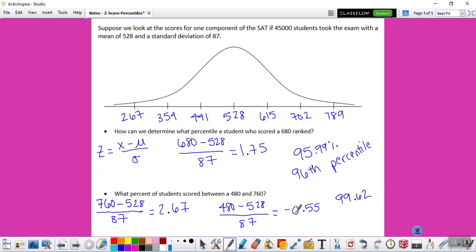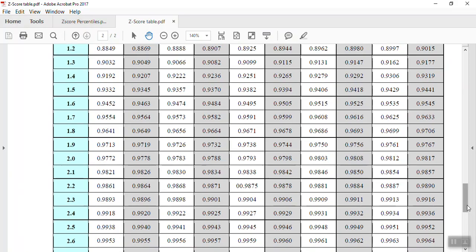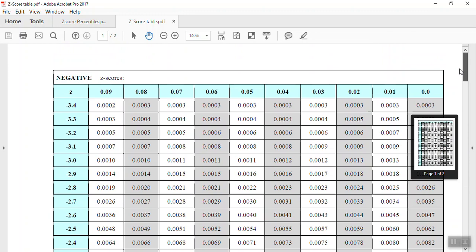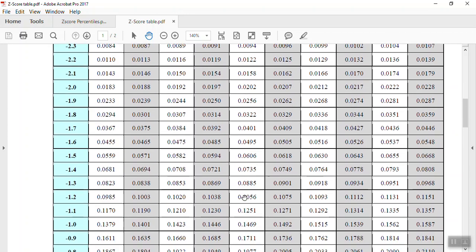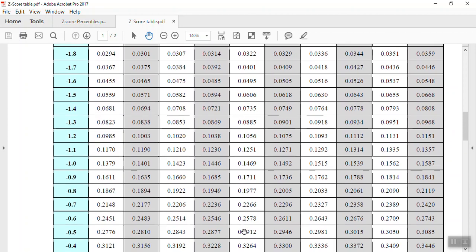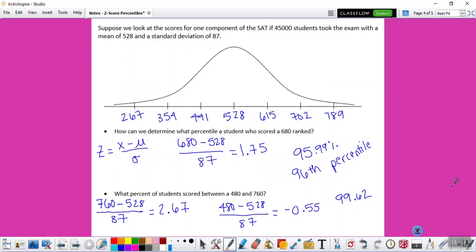And then I'm going to find negative 0.55, which is 29.12%. And since I want the space between them, I'm going to subtract them, and I get 70.5%.